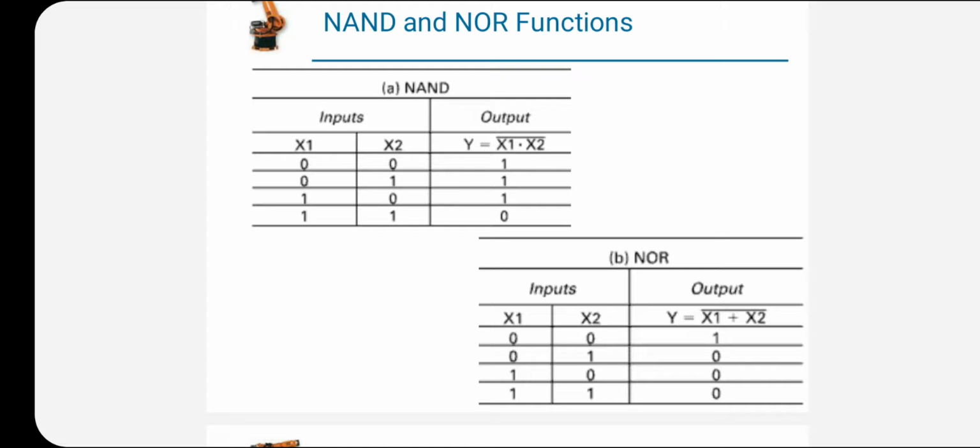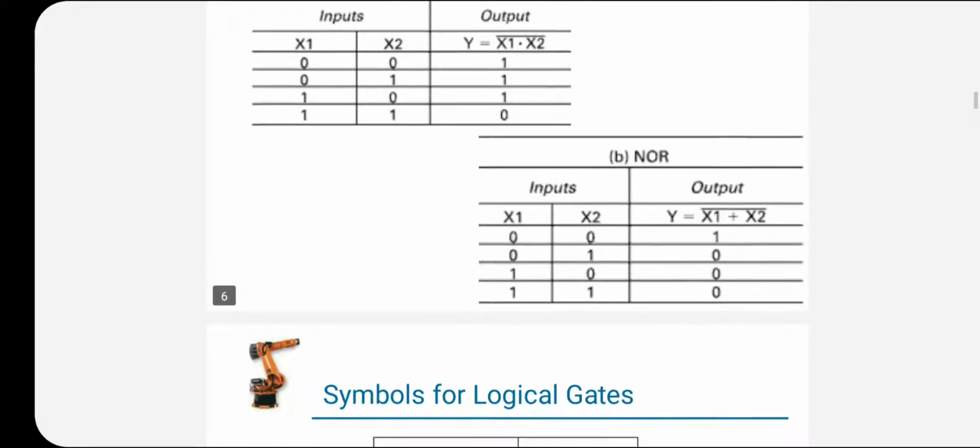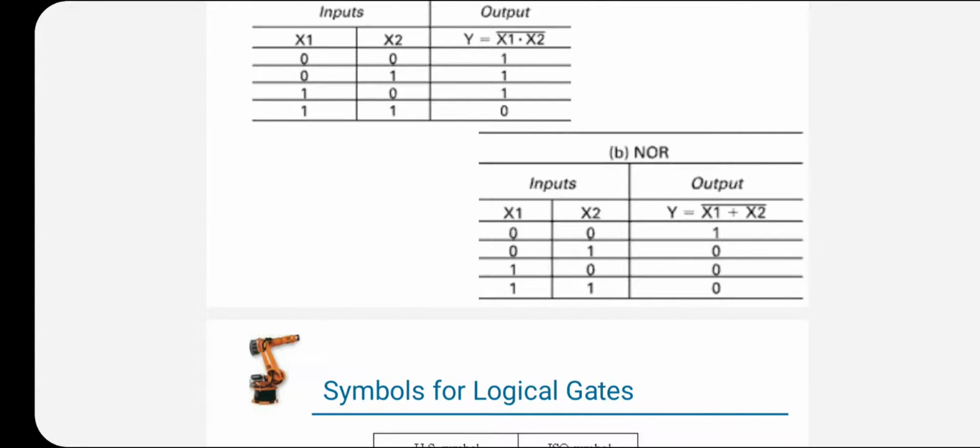Then NOR is a combination of NOT and OR. So if input x1 is 0 and x2 is 0, for OR, if any of them is 1, then result is 1, but here both are 0, so result is 0 for OR. But NOR is reverse of OR, that's why it is a 1.